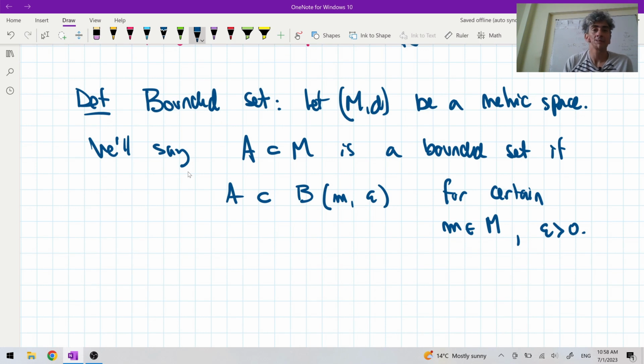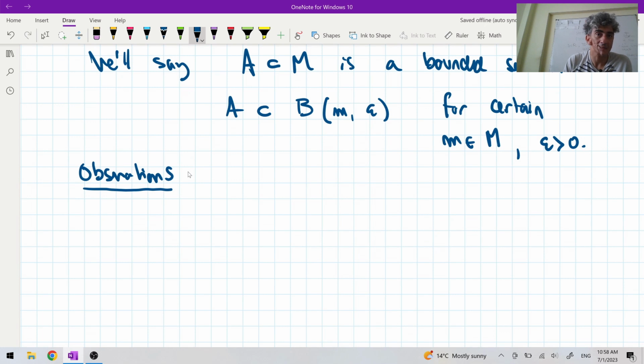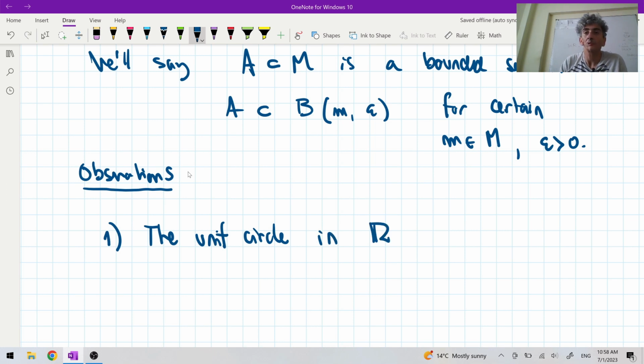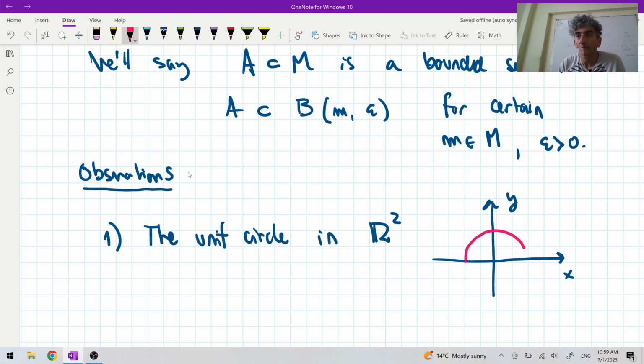Okay, so observations. First of all, let's take an example. Let's take the unit circle in R2, X and Y. So the unit circle, let's call it S1 for historical reasons.